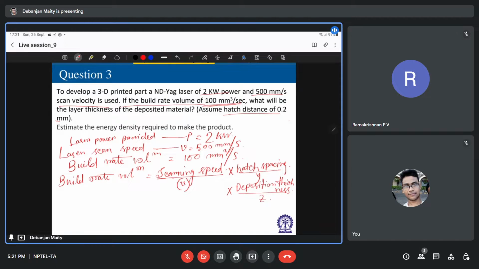So your build rate volume is 100 cube per second, and then your scanning speed is 500 per second. That into, the hatch distance is given as 0.2, that into z. So you need to find out what will be the deposition thickness.